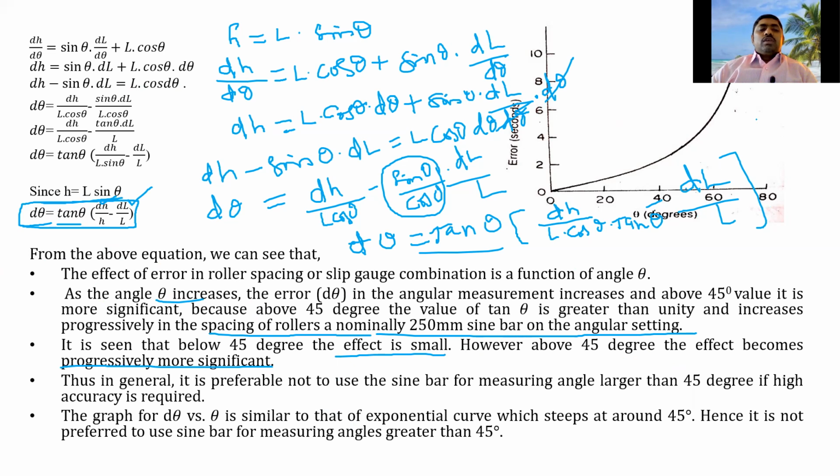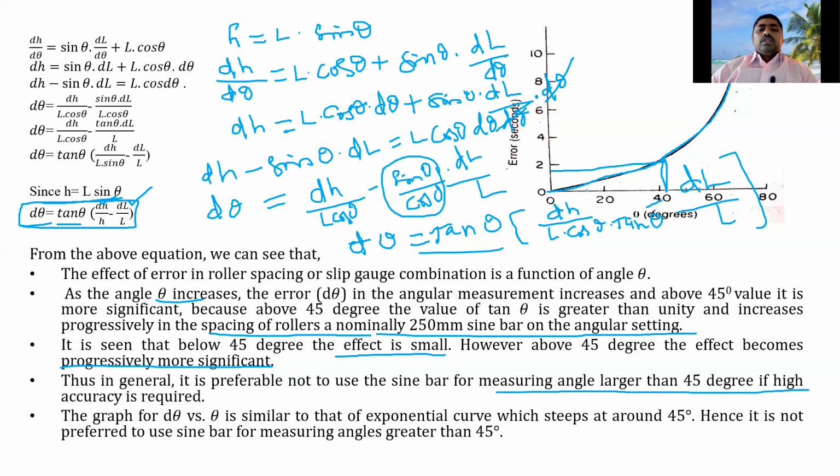As you see from the figure, up to 45 degrees the error factor is 1. Beyond 45 degrees, it is more than 1 and increases progressively, exponentially. When theta is equal to 90, it becomes infinite. That is why the sine bar is not preferred for measuring angles larger than 45 degrees if high accuracy is demanded.